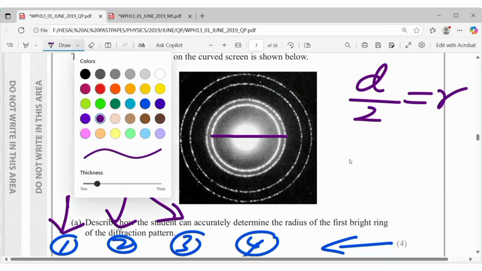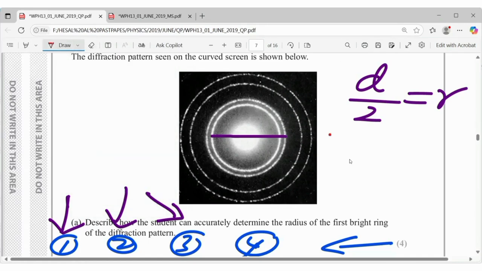How do we measure? Where do we measure? Actually, it is like this. You can't find out the edge. Now, the first ring, if I mark it correctly from here to here, that is the first ring, not going to the other one.